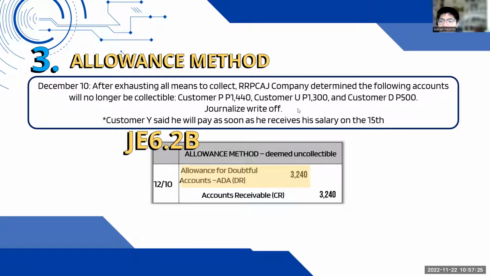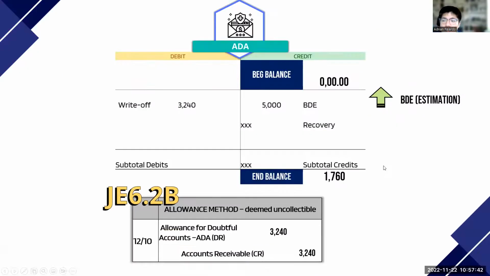So out of the 5,000 na estimated losses, yung 3,240 lang yung actual losses. Since it's an actual loss, we have to write off. So that's debit ADA, credit AR of 3,240. Again, in the T account, a write-off will lower your ADA. So from the 5,000, nasubtrakan tayo ng 3,240 na debit. So our current ADA balance is 1,760.